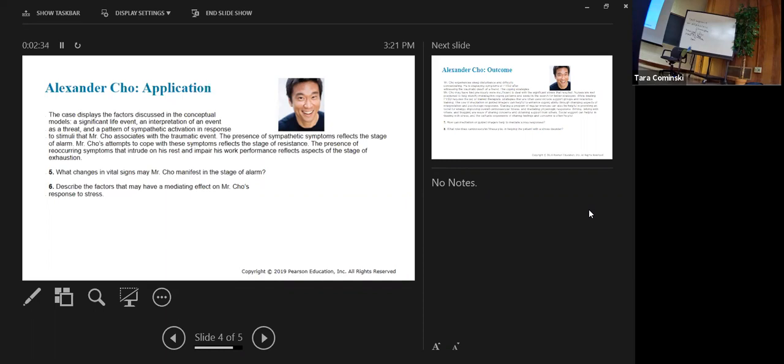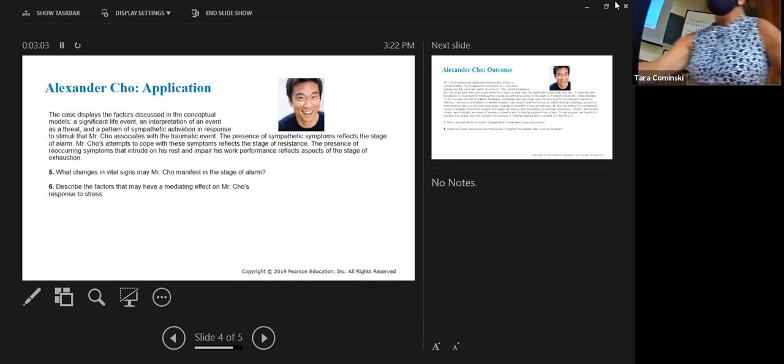So I'm talking about the stage of alarm, the stage of resistance, and then the stage of exhaustion. It says, what changes in vital signs may Mr. Cho manifest in the stage of alarm? I think this is kind of redundant. We're going to talk about these too. So in the stage of alarm, what are you seeing? Increased heart rate, those types of responses.